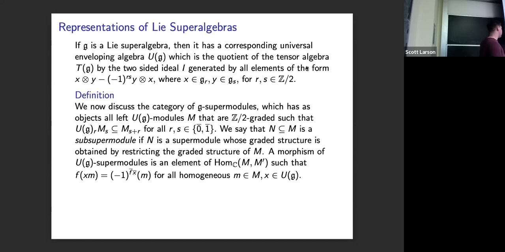A representation is the same thing as a U(G) supermodule. So this is like an ordinary module, although you have this grading, and the action of G has to respect the grading. So it's just introducing this Z2 grading to the situation.